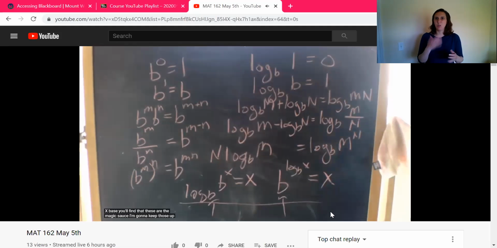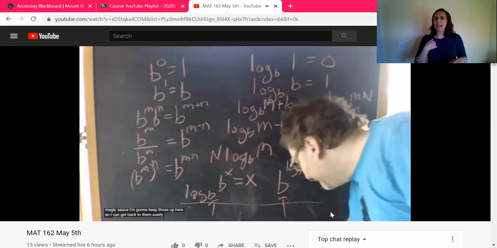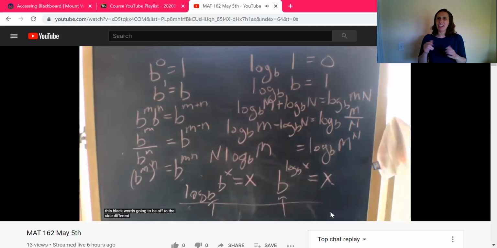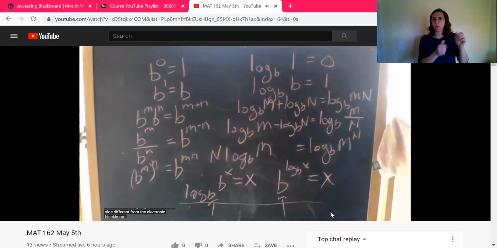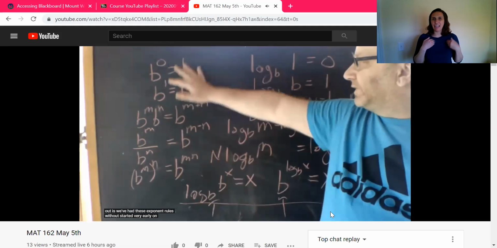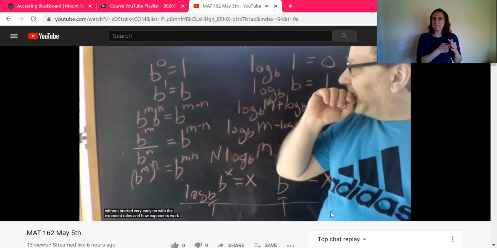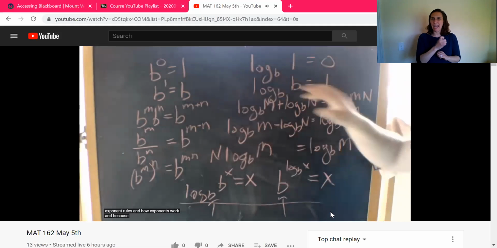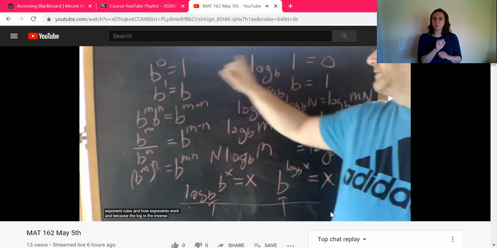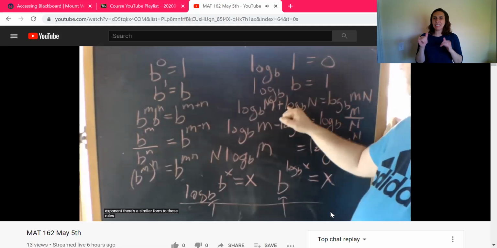So I'm going to keep those up here so I can get back to them easily, since Blackboard's going to be off to the side, different from the electronic Blackboard. But what I do want to point out is we've had these exponent rules, started very early on with the exponent rules and how exponents work. And because the log is the inverse of an exponent, there's a similar form to these rules.